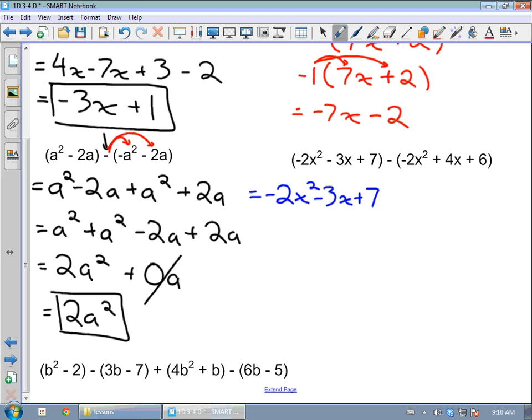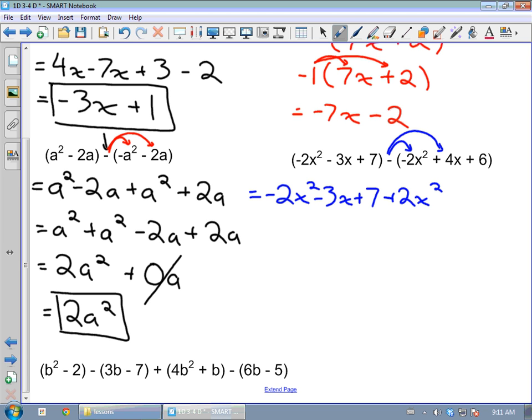What am I going to have after I do that multiplication in that second bracket? I want to take everything in that second bracket, multiply it by that negative. So what am I going to have for this first one here? What is that going to give me? Nicole? Positive 2x squared. Negative times a negative gives me a positive. Then I'm going to have a negative times positive 4x.